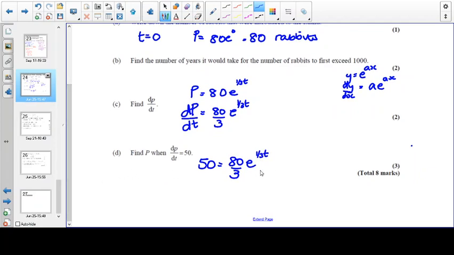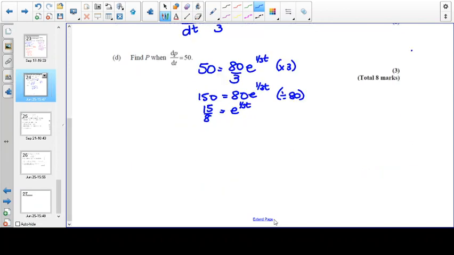Again, we want it in base power equals answer form. If I times everything by 3, 150 equals 80 e to the third t. Now if I divide by 80, 150 over 80, that's 15 over 8, is e to the third t.